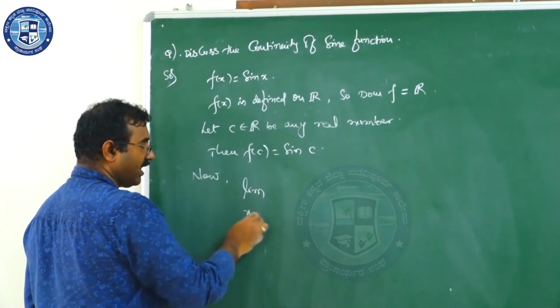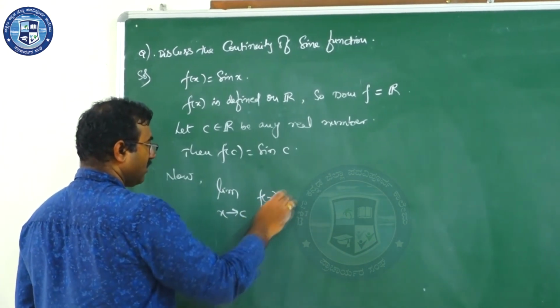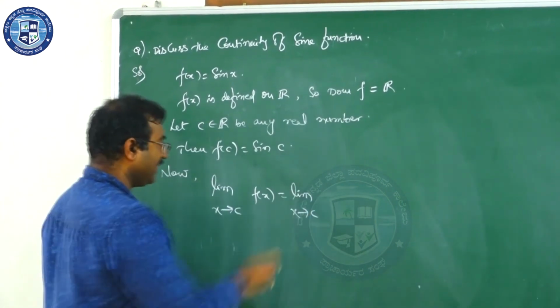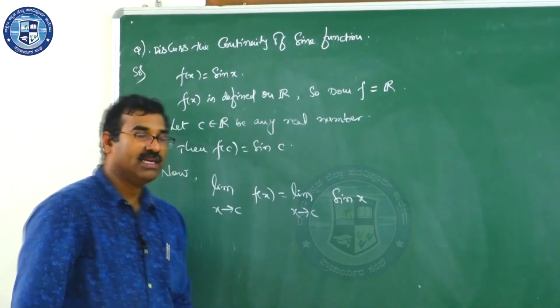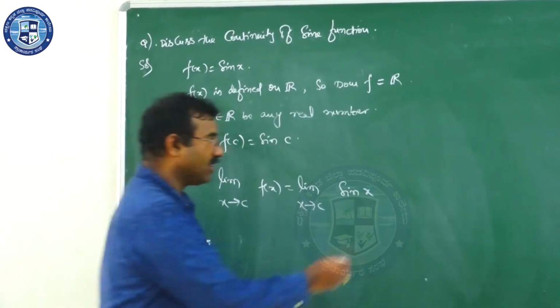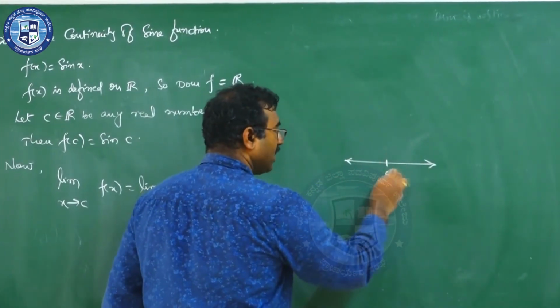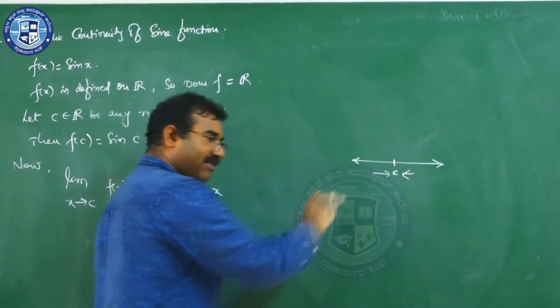Limit x tends to c, f(x), which is equal to limit x tends to c, sin x, since f(x) is sin x. Now x is coming close to c, either from the right or from the left.